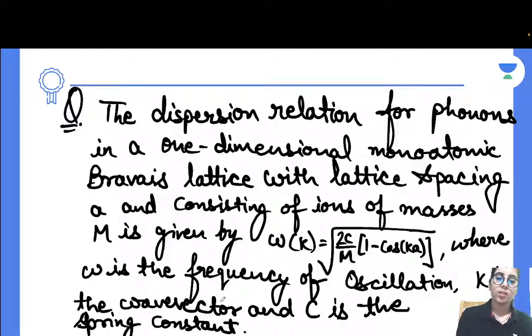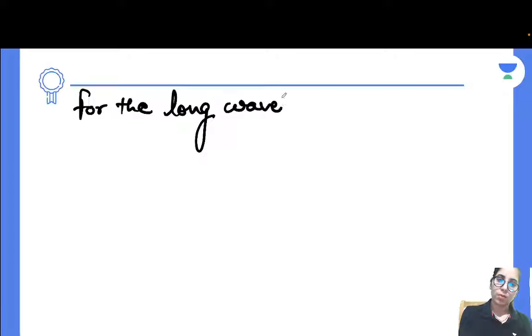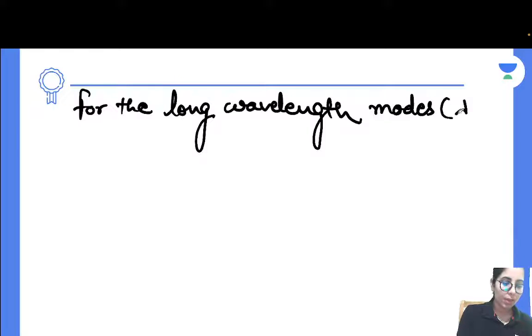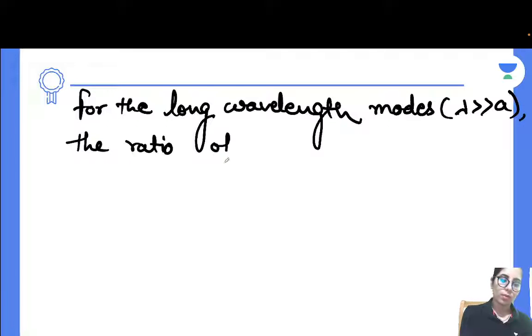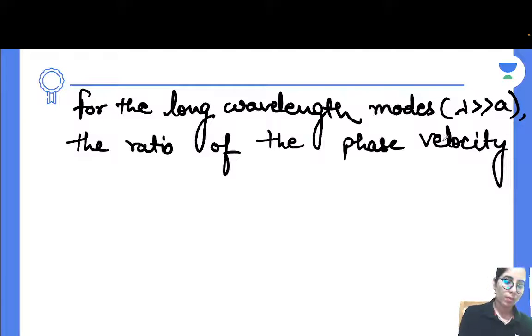For the long wavelength modes, that is lambda is very much greater than a, the ratio of the phase velocity to the group velocity is.